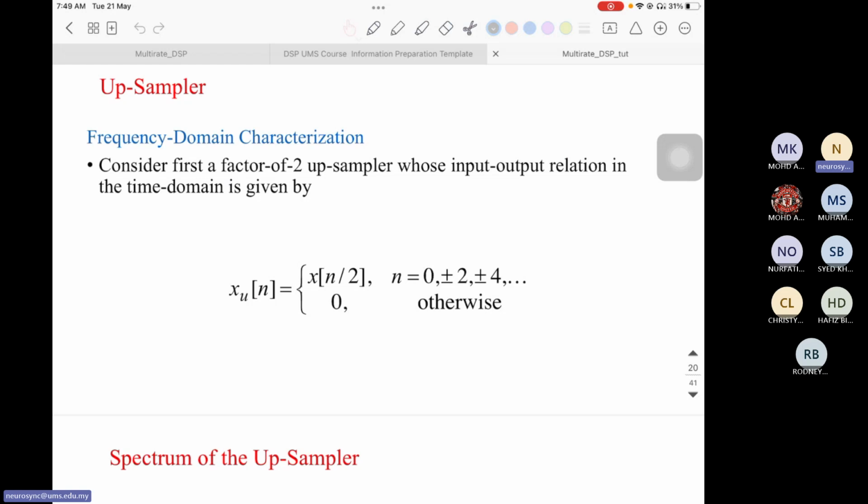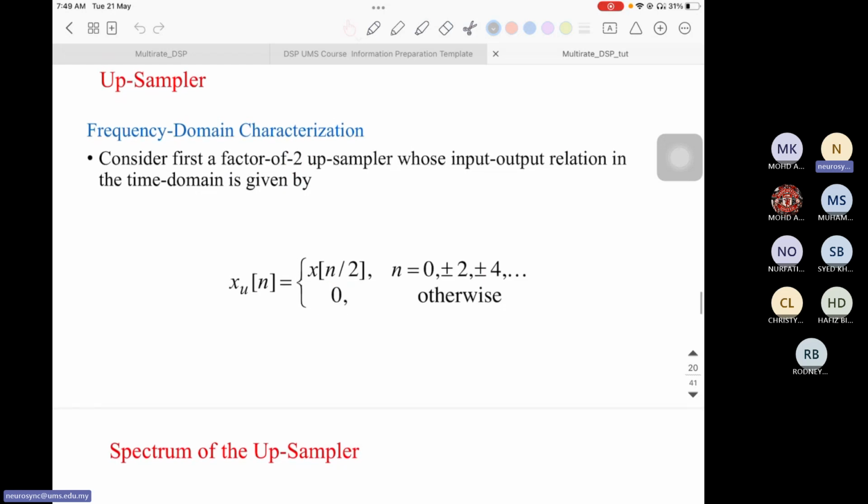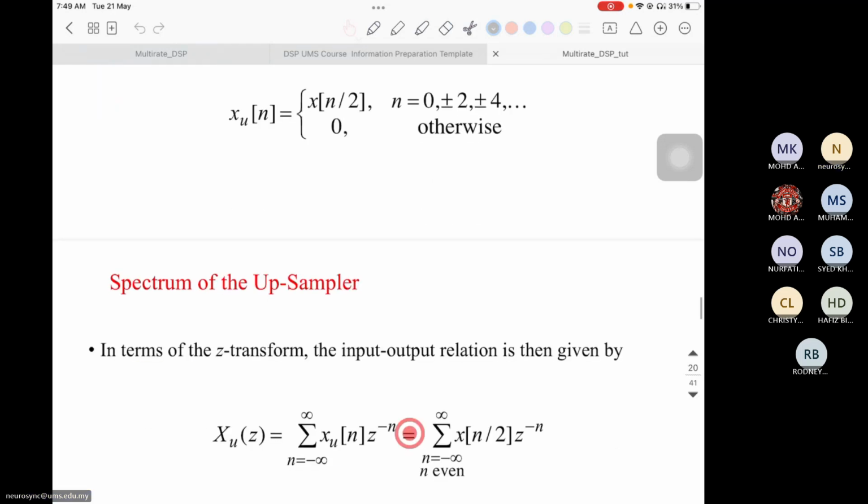Here n varies over 0, plus minus L, plus minus 2L, and so on, where the value of L is equal to 2. Otherwise, the value will be 0, because we are doing zero padding in the case of an upsampler.